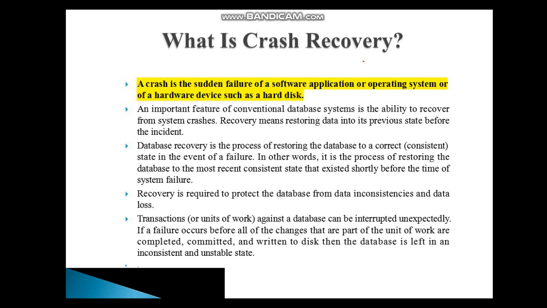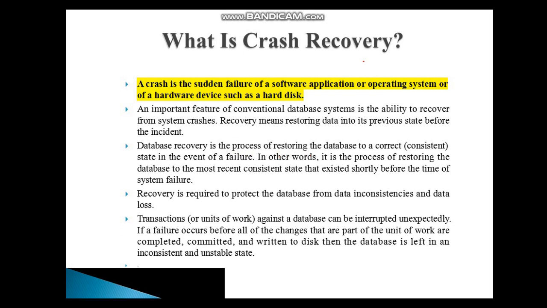An important feature of conventional database system is the ability to recover from system crashes. Recovery means restoring data into its previous state before the incident. Database recovery is the process of restoring the database to a correct, consistent state in the event of a failure.